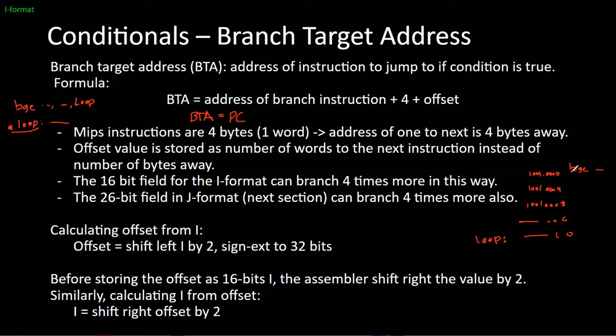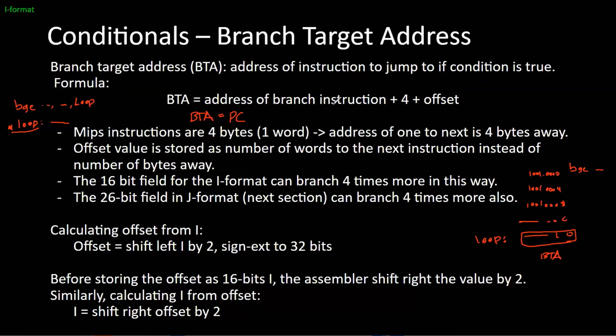My branch instruction is on this memory address, and the loop is at this memory address. So the branch target address is this address here. That's BTA.